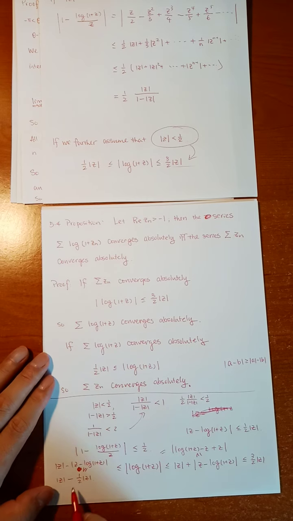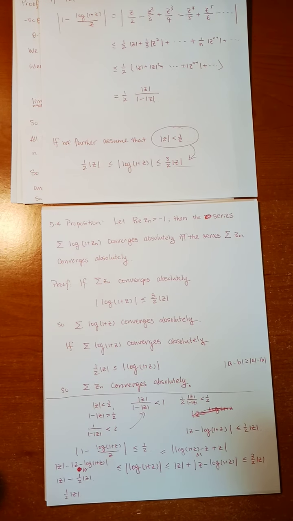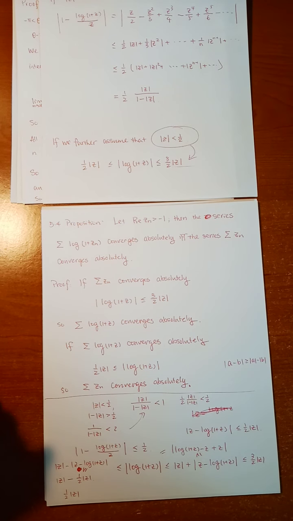Then you will get 1/2 of the absolute value of z. Okay, so it's just algebra. Try to do it if I don't make myself clear.